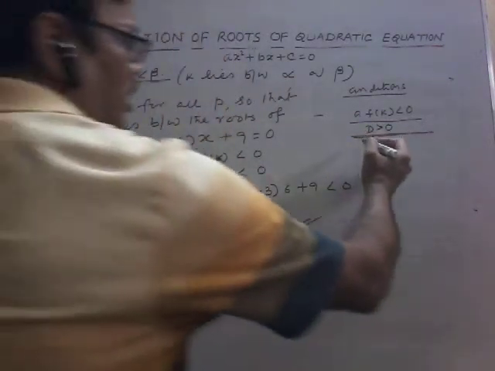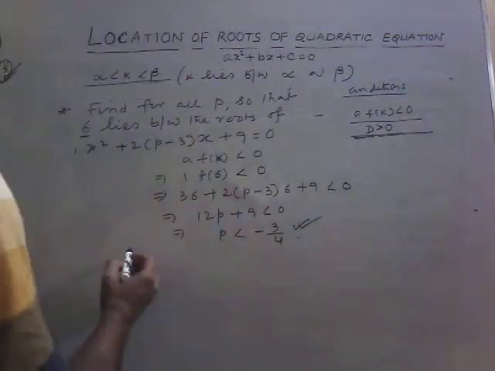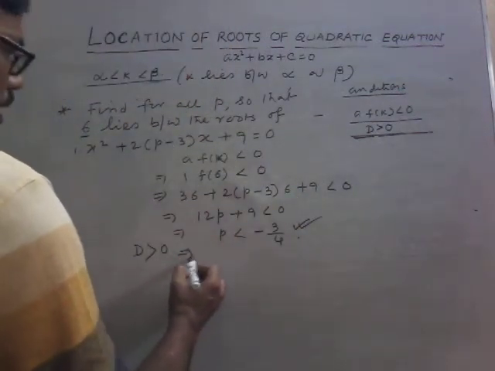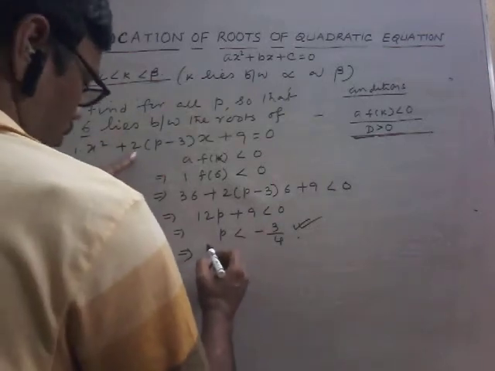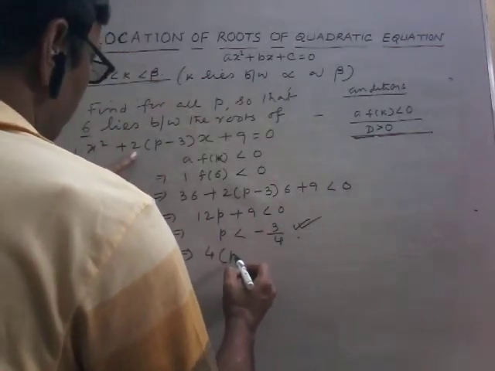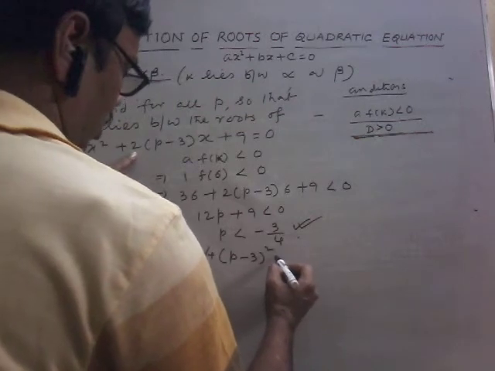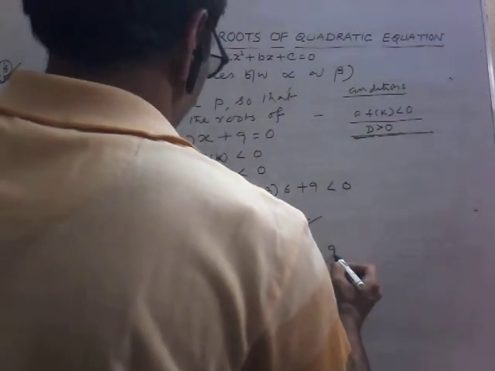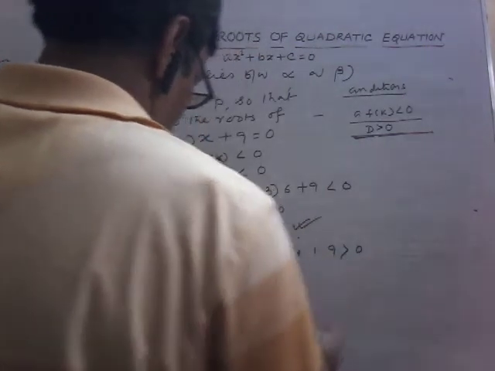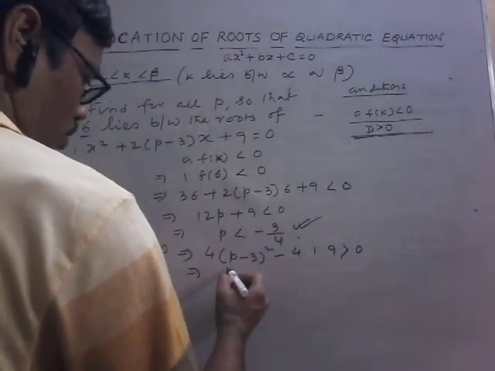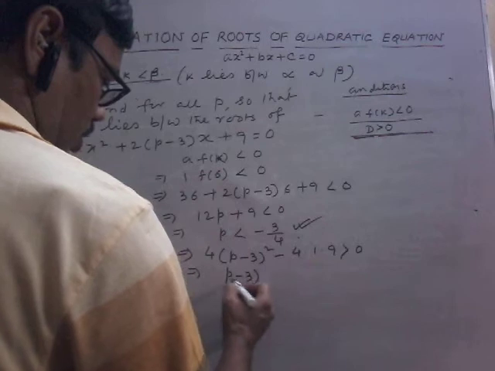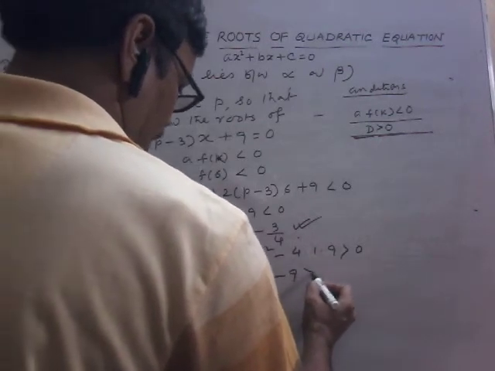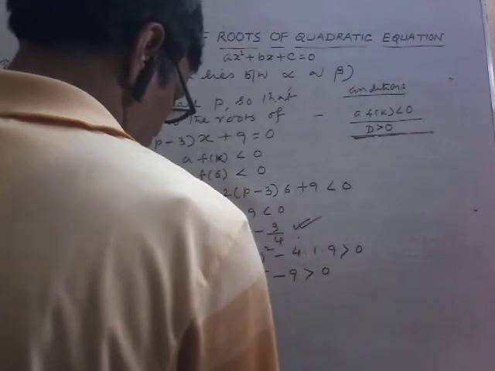Now look at the second one. So write D greater than 0 implies, what is D? 4 into p minus 3 whole square minus 4 into 1 into 9 greater than 0. So for common, p minus 3 whole square minus 9 greater than 0.